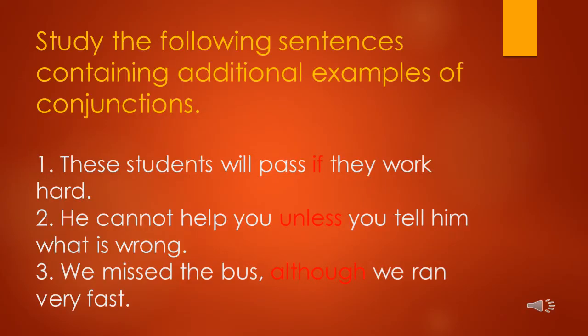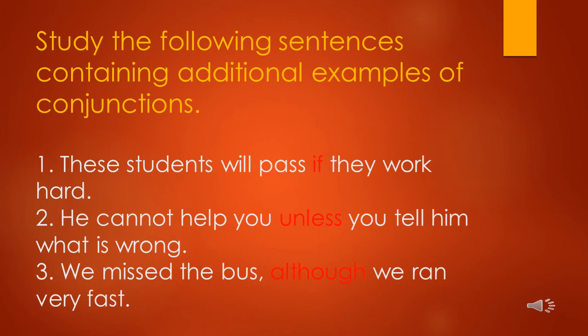Now students, to understand the conjunctions properly, let's study the following sentences containing additional examples of conjunctions. Example number 1. These students will pass if they work hard. Sentence number 2. He cannot help you unless you tell him what is wrong. Here the conjunction is unless.